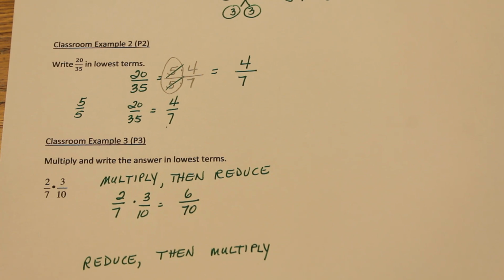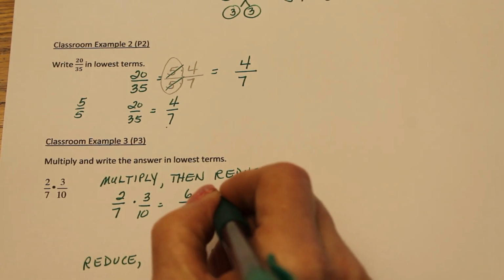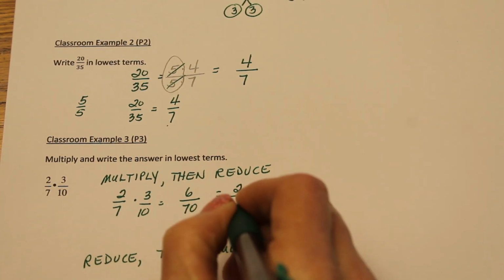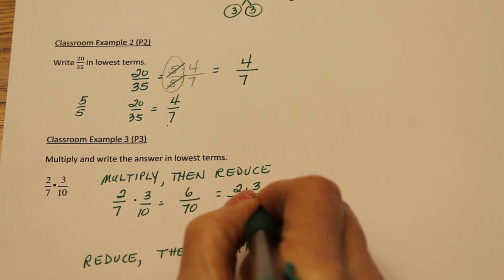However, now I have to reduce. And since one of the hints is if both numbers are even, they end in a 0, 2, 4, 6, or 8, they can be rewritten as a 2 times 3 and a 2 times 35.